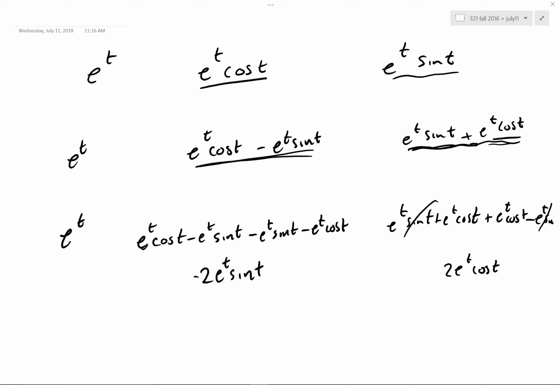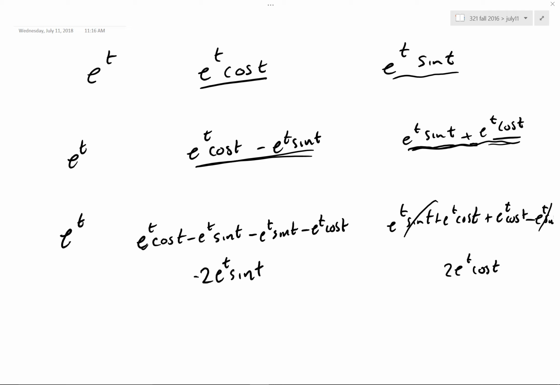Does everybody have an e to the t? Everybody has an e to the t, yes? I'm going to pull that all out of everybody. Just going to factor that out of everyone. No, I'm not. Just leave it in there. Don't be lazy. All right. Let's see.